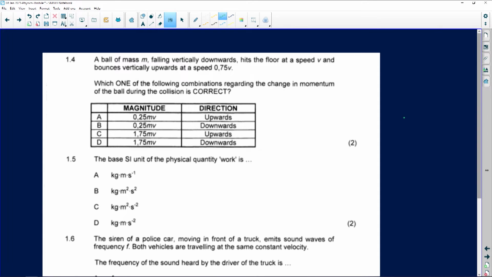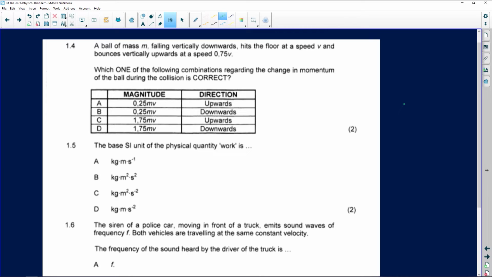Question 1.4. A ball with mass m falling vertically downwards hits the floor at a speed of v and bounces vertically upwards at a speed of 0.75 v. Which one of the following combinations regarding the change in momentum of the ball during the collision is then correct?